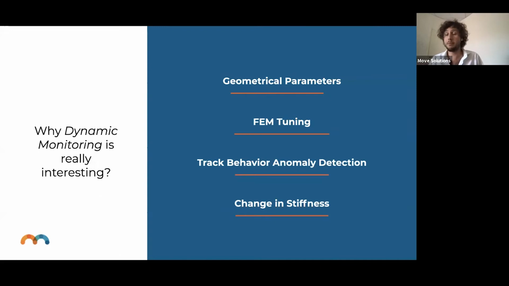It's really interesting, because you can design the bridge, see how the bridge behaves in your model, and then catch the data from the field and see if they match. You can tune the model, or if you're sure that your model is perfect, then you know that there is something wrong in the bridge you're checking. And so you can track behavior analysis, you can check changing stiffness. So it's a lot about preventing failure before it happens. So this is what dynamic monitoring is about.